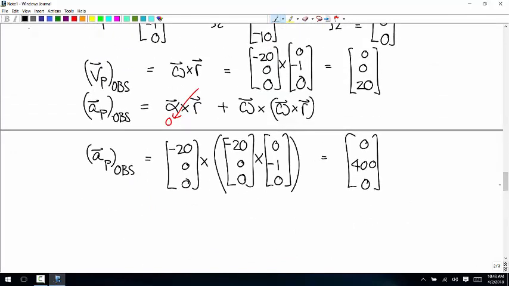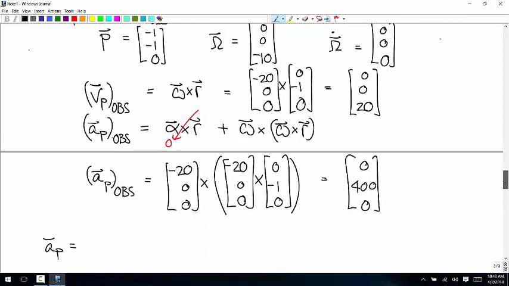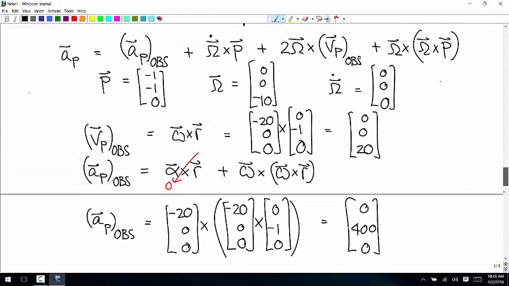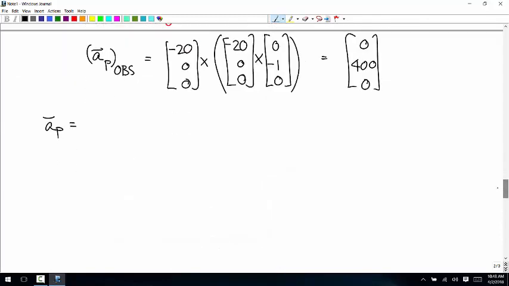And now we can put this all together. So the total acceleration of p is 0, 400, 0. Plus omega dot cross p. That one goes away because there's no capital omega dot.